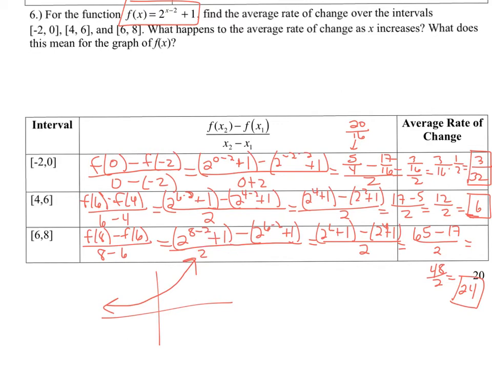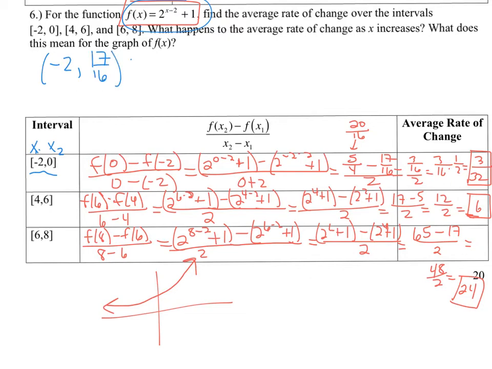Remember, all I'm doing is I'm using this to find my y values, because these are domain values. These are all x values. This is x1, this is x2, and so I need my y values to calculate slope. So in this first example, I figured out that when x was -2, the y value was 17/16.